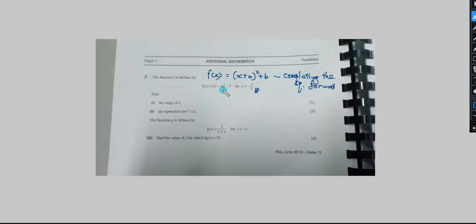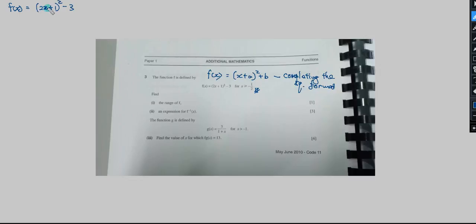Okay. Now, what you can do is let's write the function over here. It is actually (2x plus 1) square minus 3. Now, first of all, we have to determine whether it is a maximum or a minimum curve.